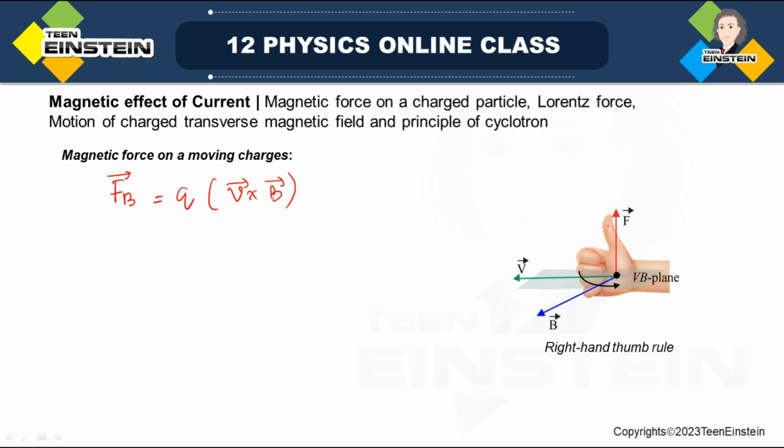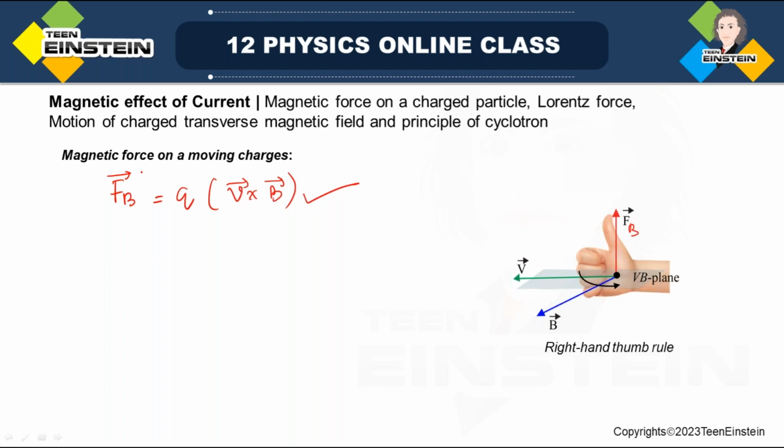Here F is actually F_B in this case. So this is the rule which we are going to use in most of the cases to find out the magnetic force on a moving charged particle. All right, let me summarize what we have seen.